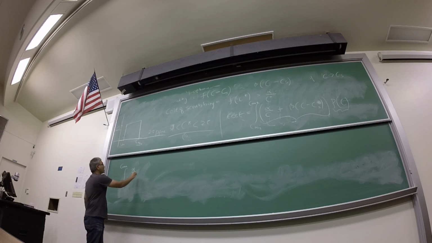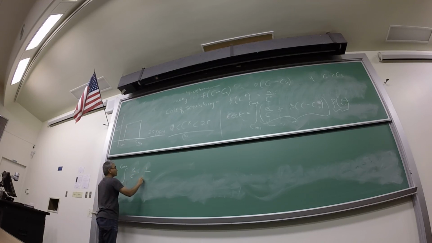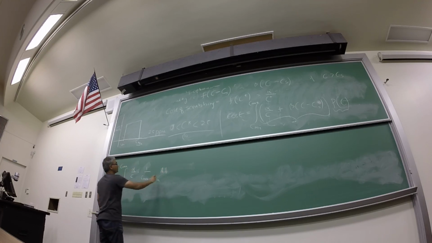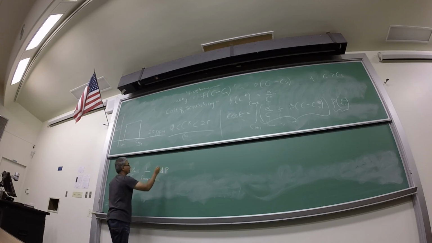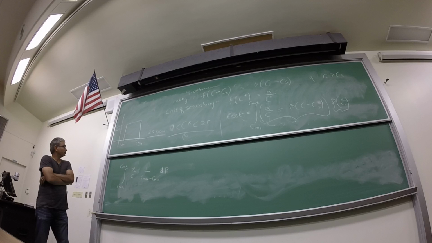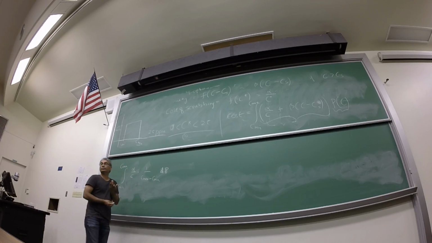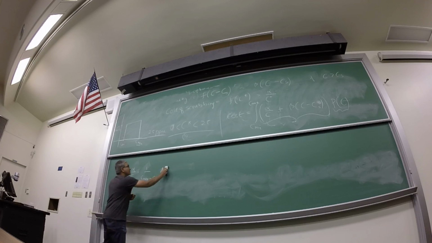The probability distribution function is actually a constant, 1 over Cmax minus Cmin, times dC. The probability of C, which is P.